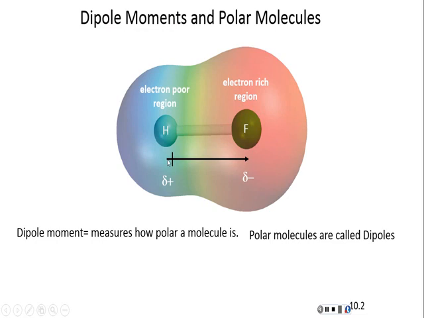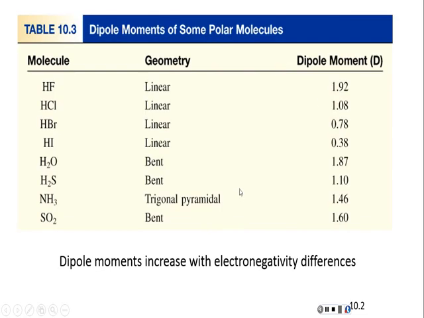Now when they talk about polar molecules, the term dipole moment is used a lot. It's just a way of measuring how polar one molecule is versus another. We're going to see a list of them in a table here. So these are the dipole moments. You don't have to worry about how they calculate them all. I just want you to notice, let's check out these first four.